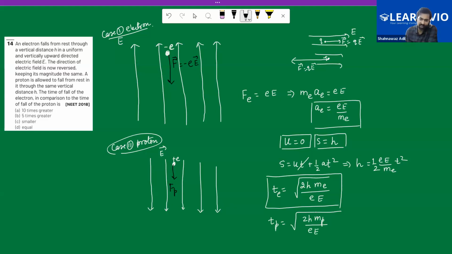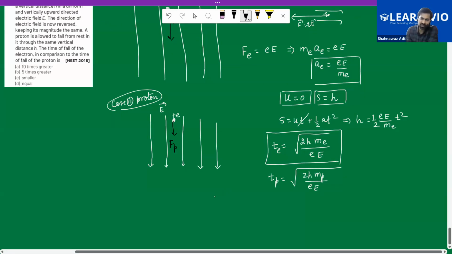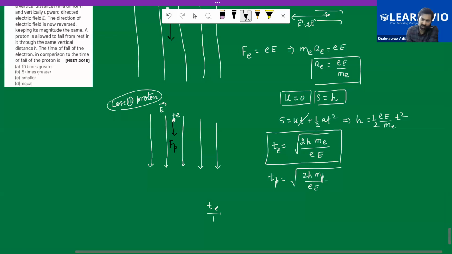Charge is the same, electric field is the same, height is the same. All these three things are the same. Only the masses of the electron and proton are different, right? So if I write the time of the electron divided by the time of the proton, this would be root of 2h by eE, all these things will cancel, and this would be me by mp, right?